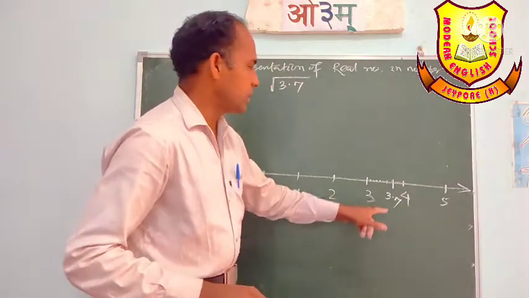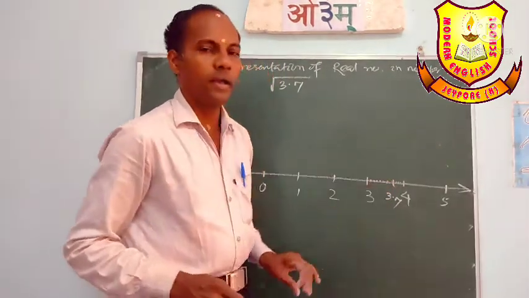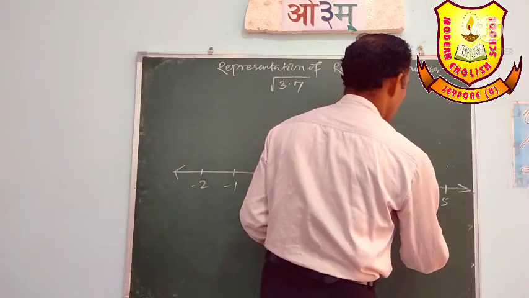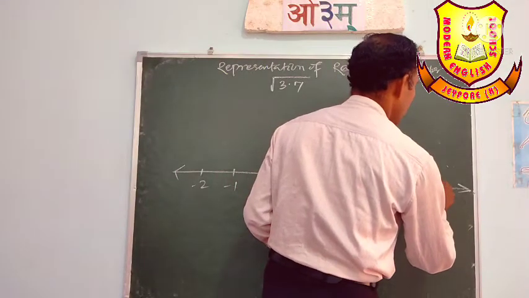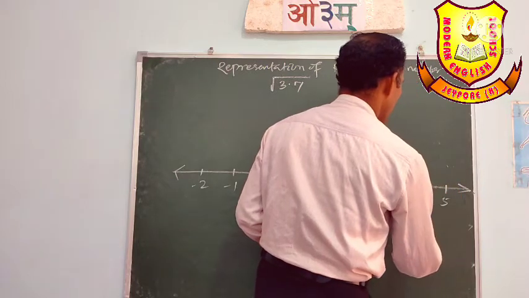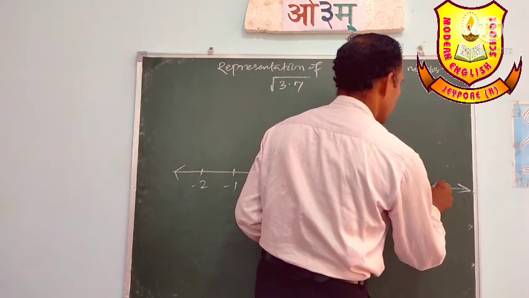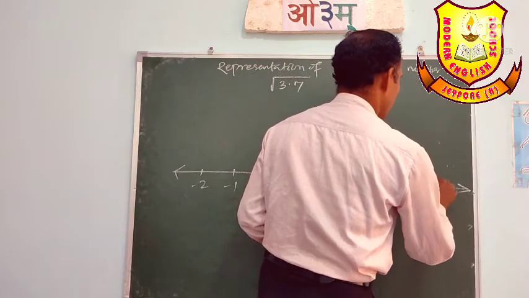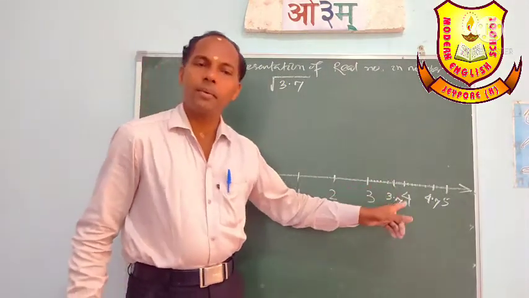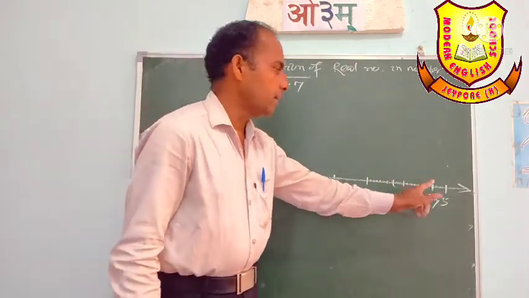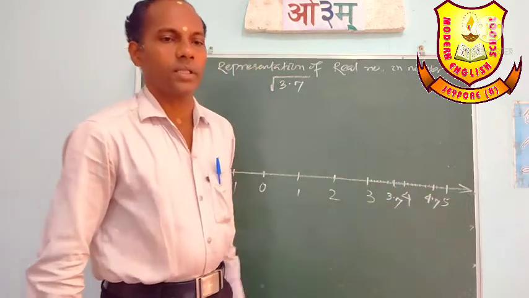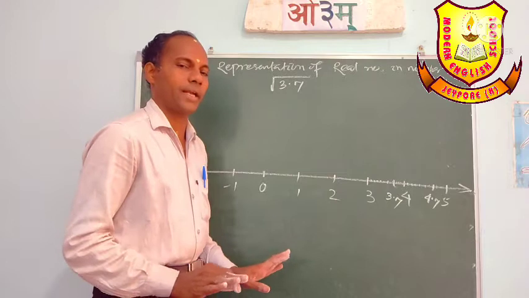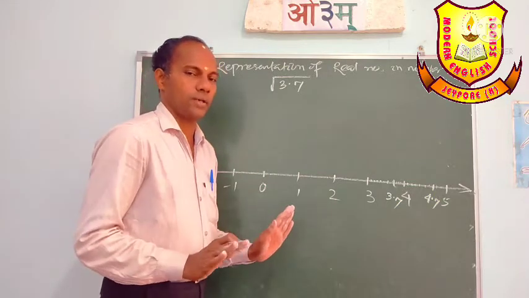You have to take 3.7 and 4.7. Try to understand, and practice again and again at home. You will understand better and you can do it.